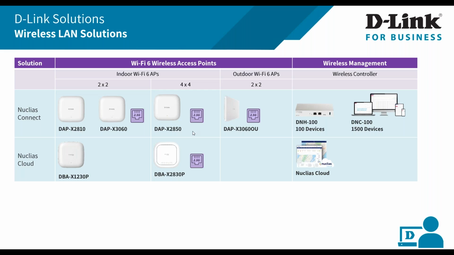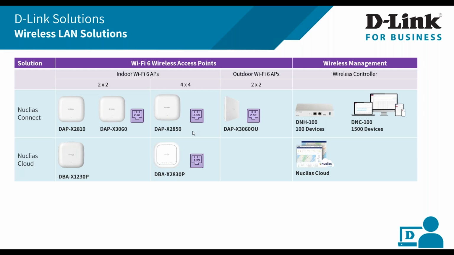With that, he can create a customer account on Nucleus Cloud, and he can manage his wireless access points. He can manage virtually unlimited access points under one cloud account, and the backend infrastructure will be managed by D-Link.